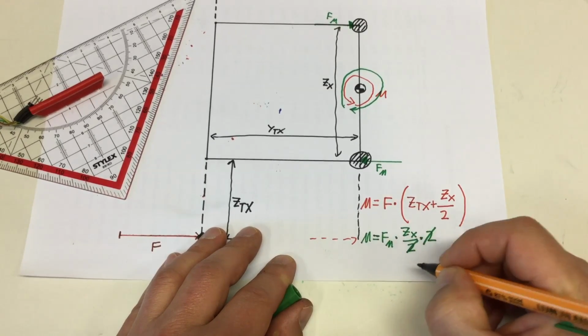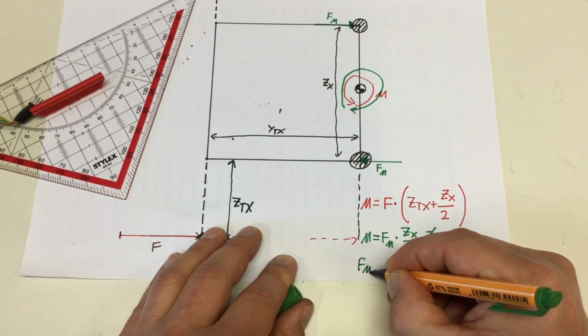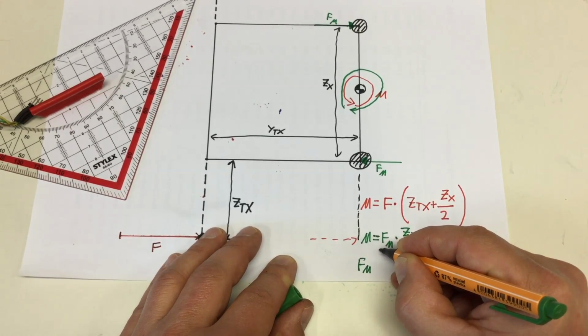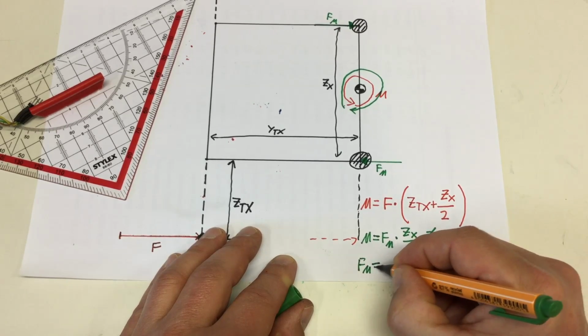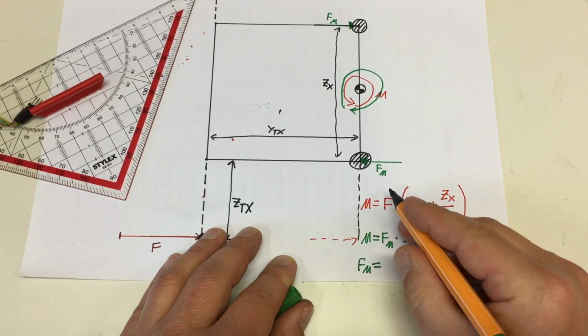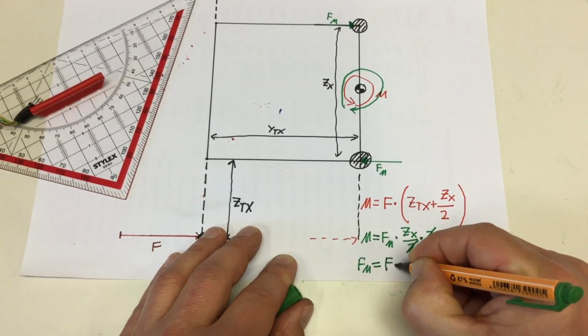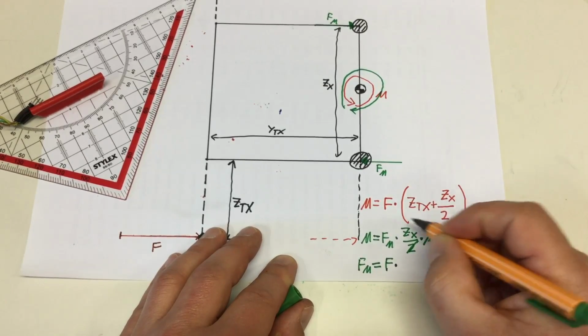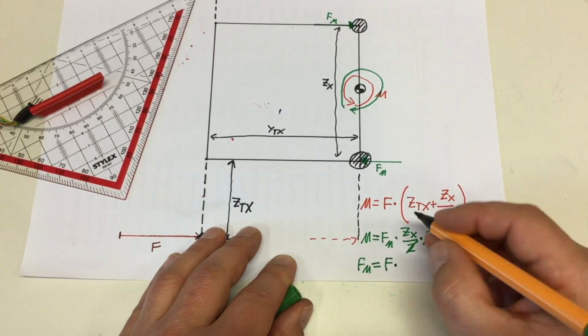So a little bit of algebra. I put the Fm equals F times, and now I divide the inside of the whole thing by the Zx.